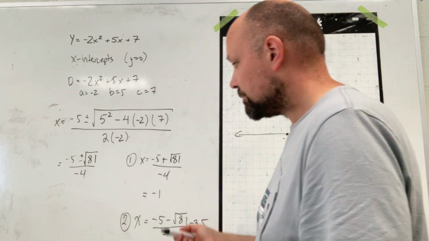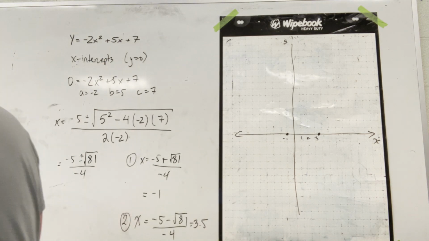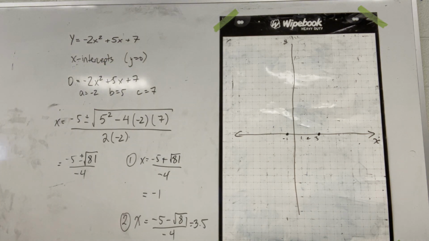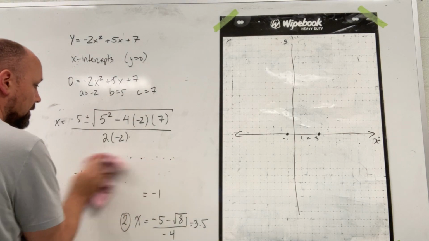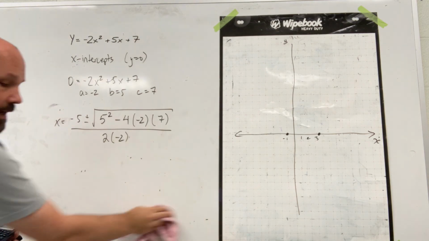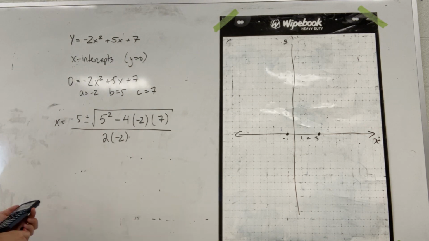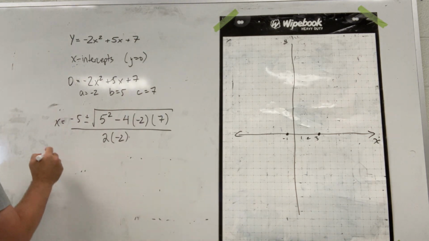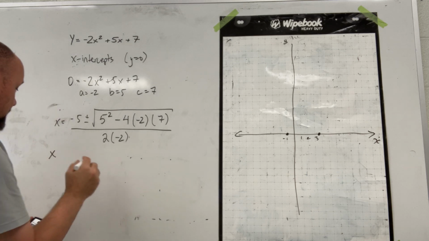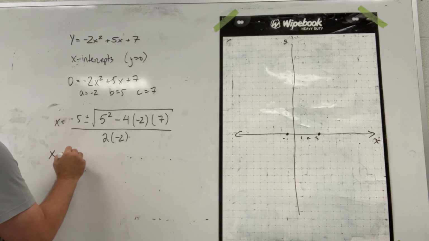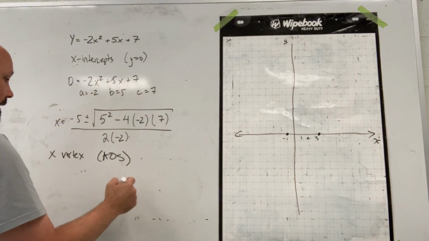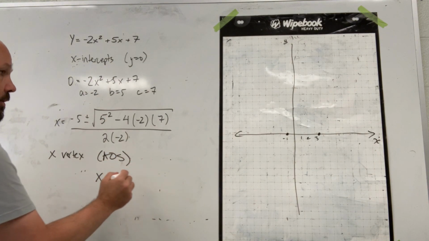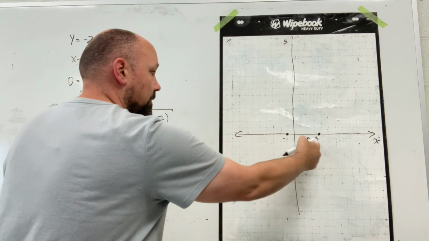Okay. Now, the next thing we can do is I'm going to get rid of all this stuff. The next thing we can do is figure out where the x part of the vertex is, that's what we call the axis of symmetry. That's always right in between the two x-intercepts.